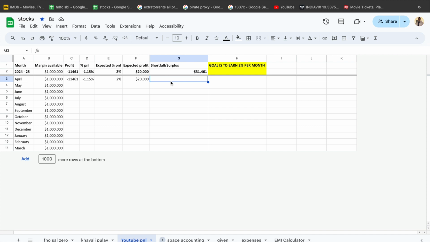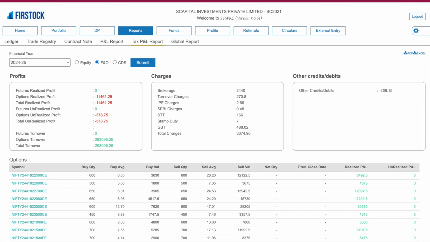C2 by F2 is the expected profit, and per strategy we don't need per strategy shortfall. We just need overall shortfall, so that is fine. And that's where we are here. Now let's see how we go in future. For now, this is what it is.